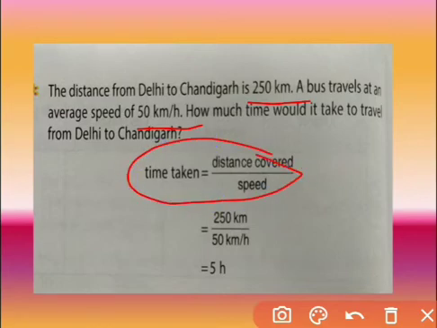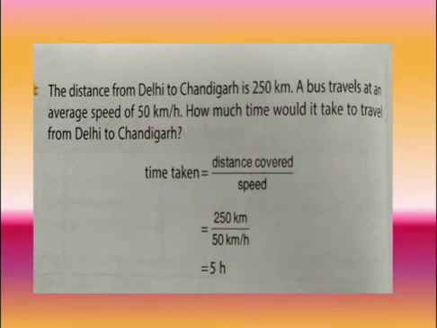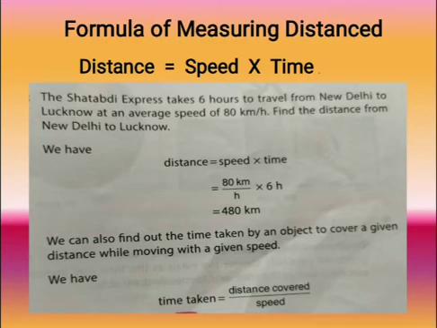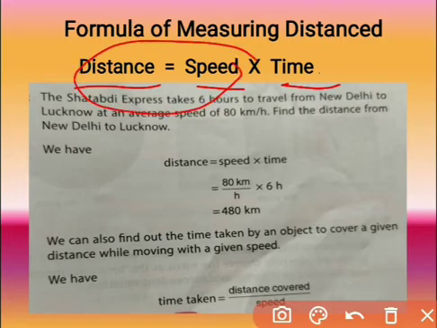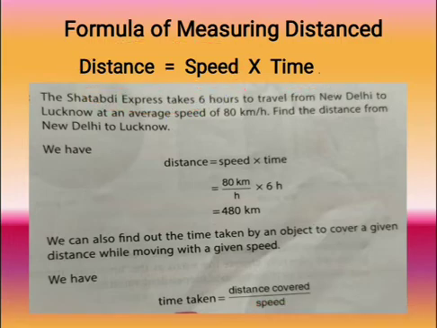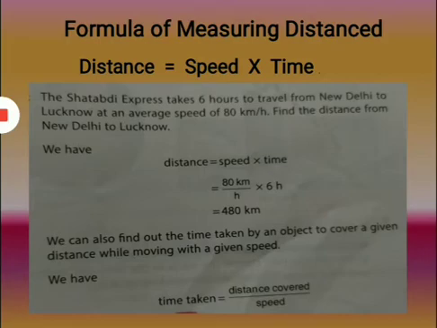Now let us put the values in the formula, and our answer is 5 hours, the time necessary to cover the distance at that speed. In this way we can calculate distance, speed or time if any two of the values are given.